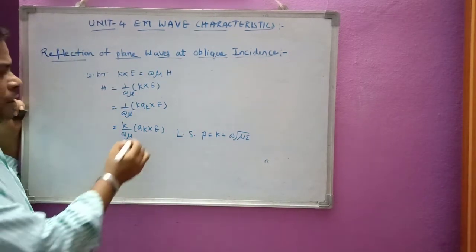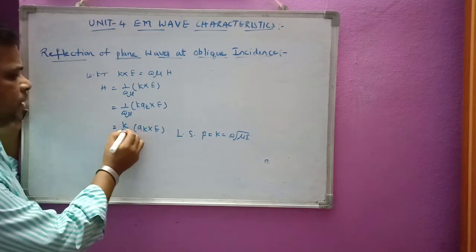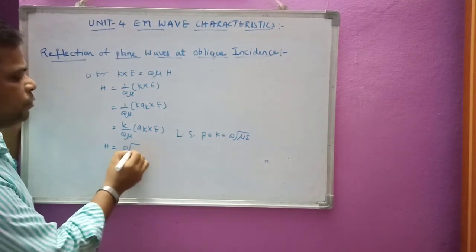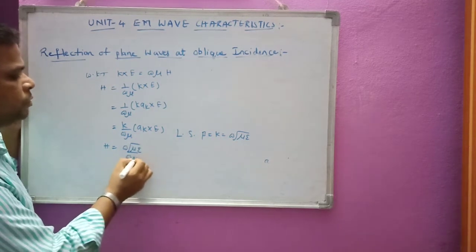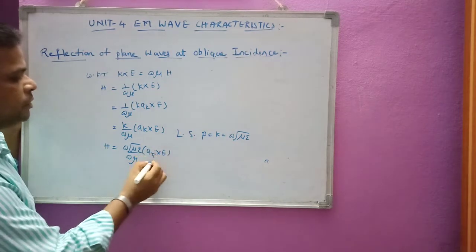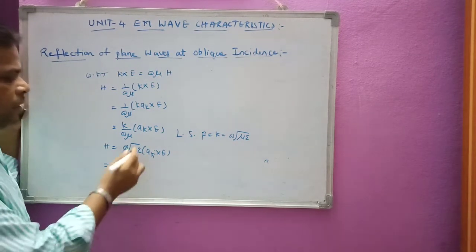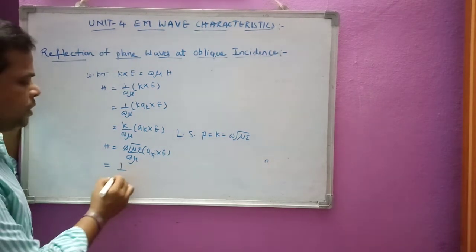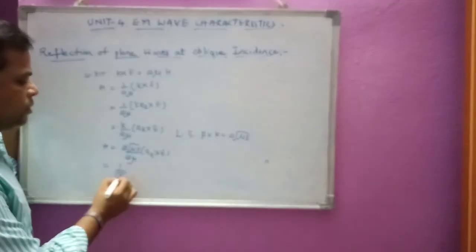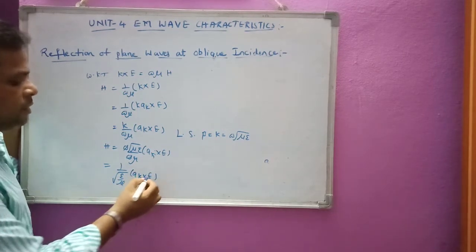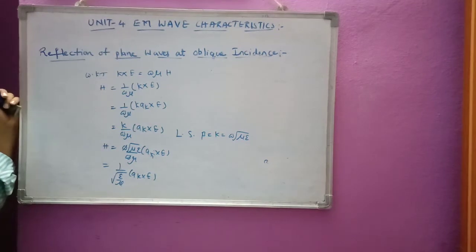Now I will substitute in place of k, so H is equal to omega square root of mu epsilon by omega mu into a_k cross a_E. If I cancel this and take the mu inside, I can write it as 1 by root of mu by epsilon, into a_k cross a_E.